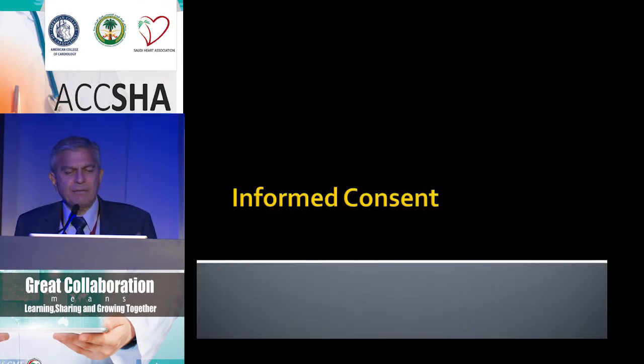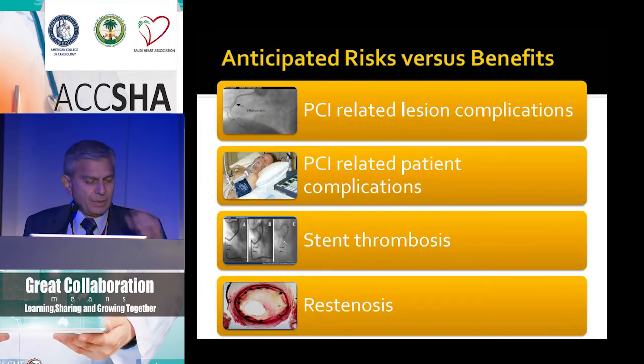And when we say informed consent, it has to be informed, especially when the patient has complex lesions. Anticipated risks versus benefits have to be explained to the patients clearly.